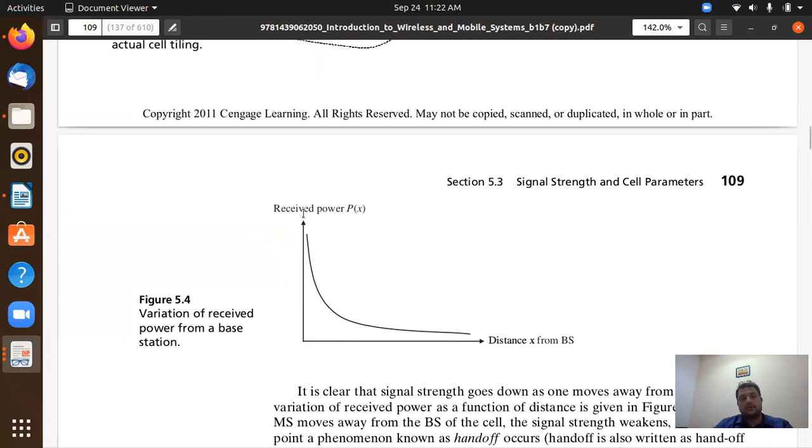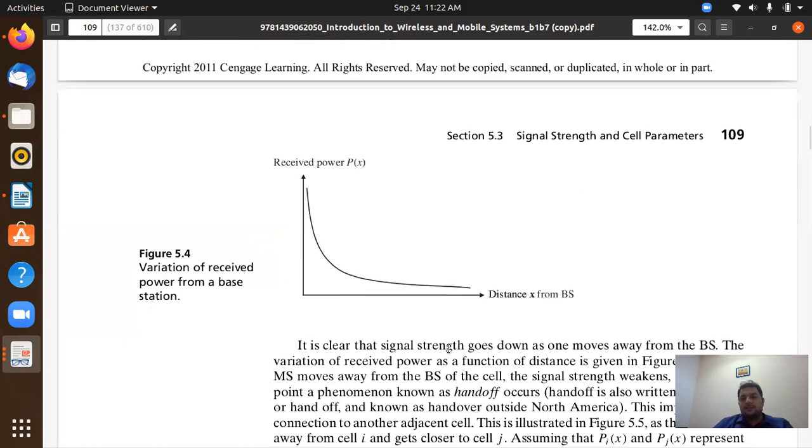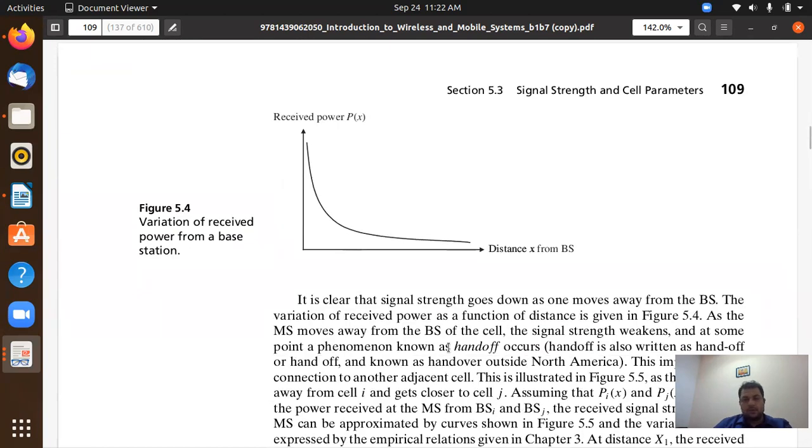So in this graph you can see the received power P x, where x is the distance from the base station, so it would follow the inverse law. The received power would be inversely proportional to the distance.